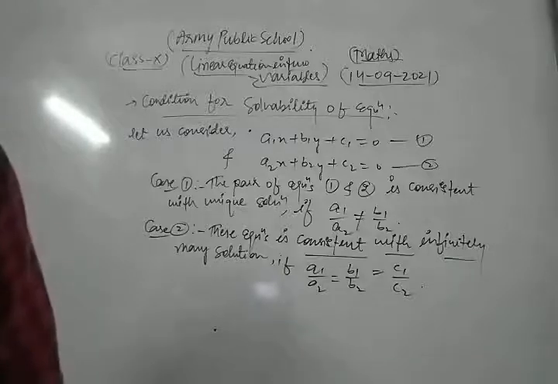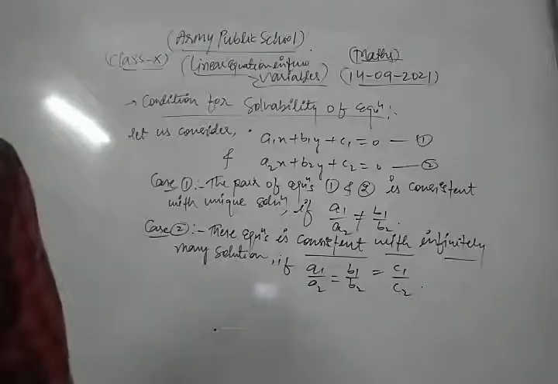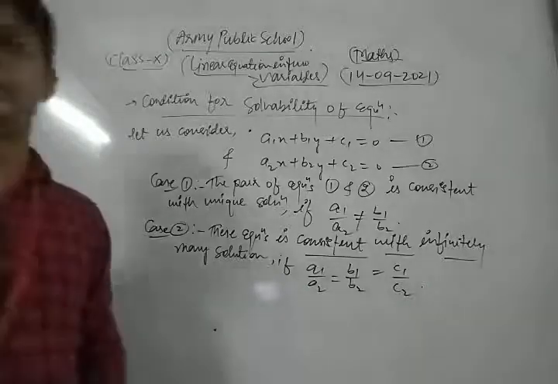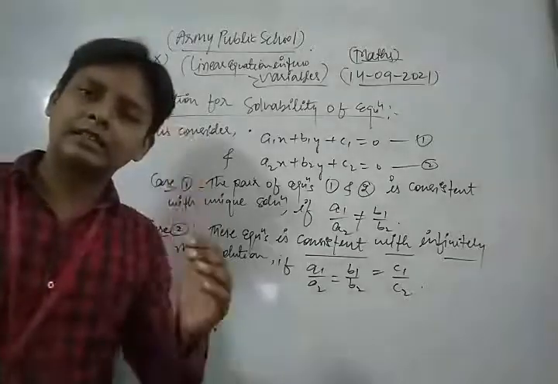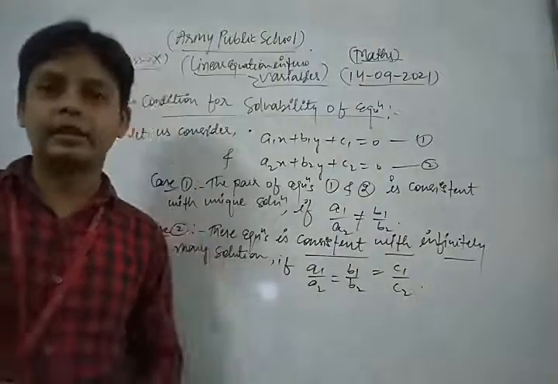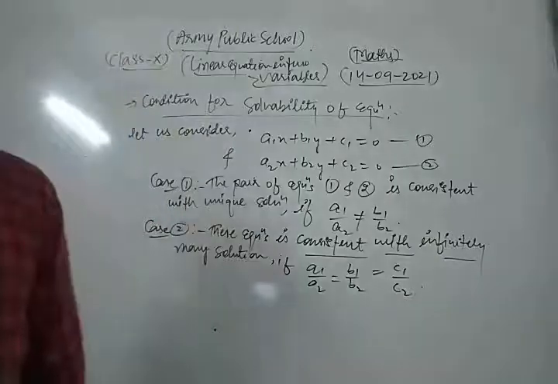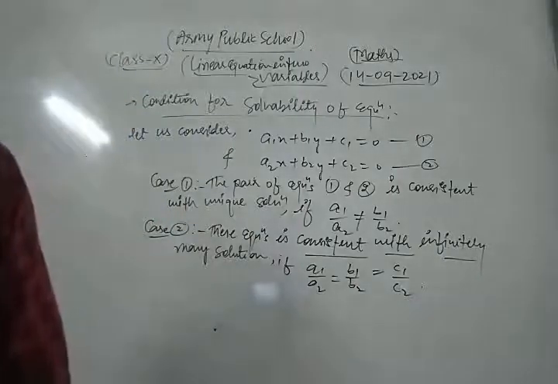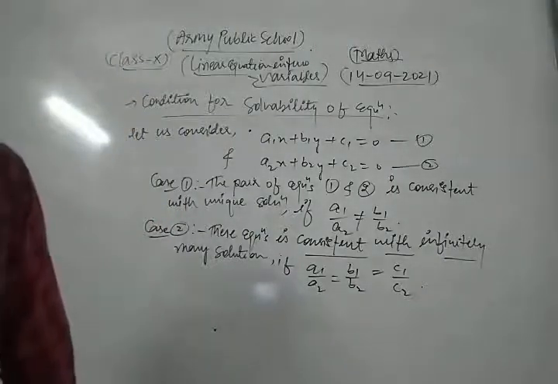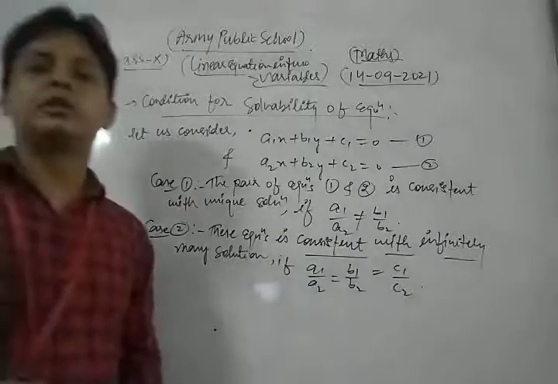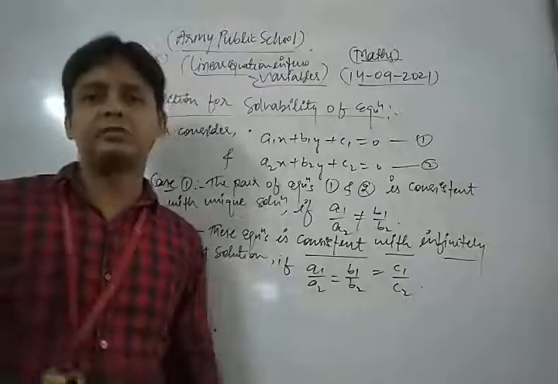In this way, dear students, the lines represented by the equations are consistent and coincident. In that condition both lines are coincident, meaning they are superposed on each other. Two equations represent the same straight line.